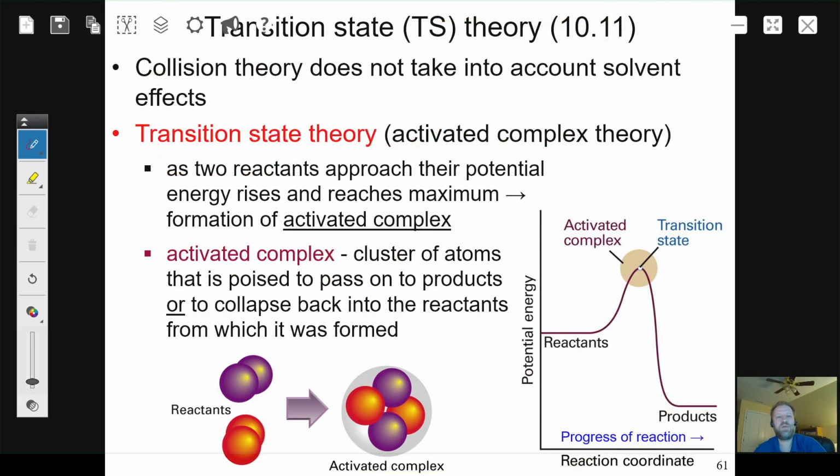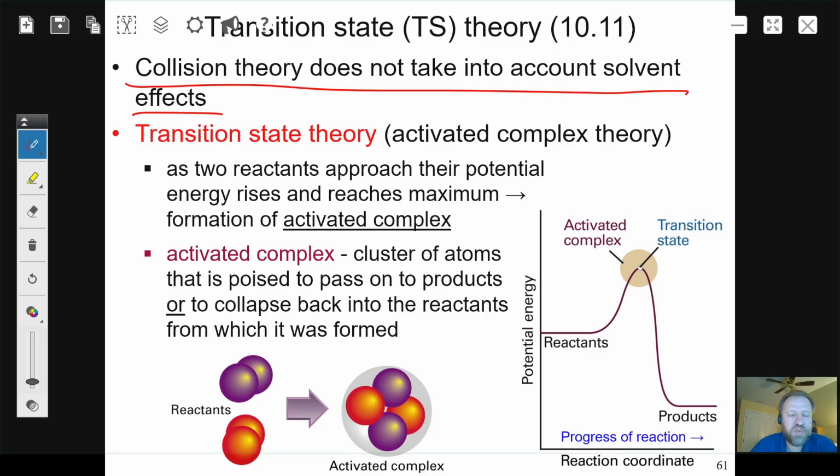Now, the problem with collision theory is that first of all, it takes into account only bimolecular reactions. Again, you have two species colliding, combining. And an even more severe deficiency is that it does not take into account solvent effects, because you cannot easily incorporate solvent in collision theory.